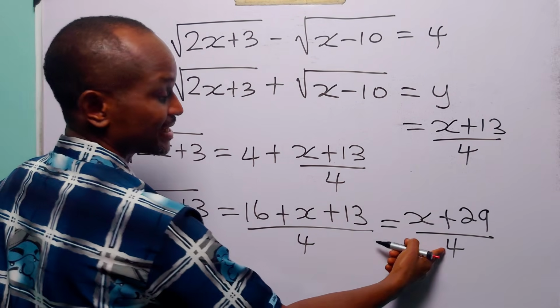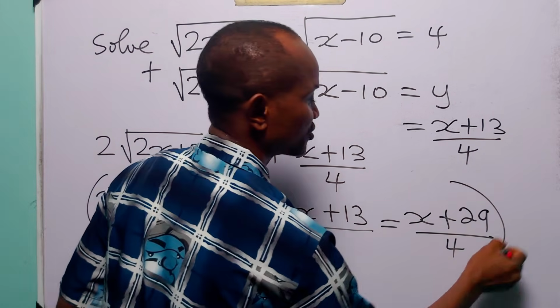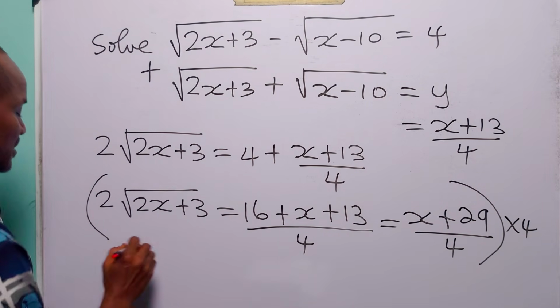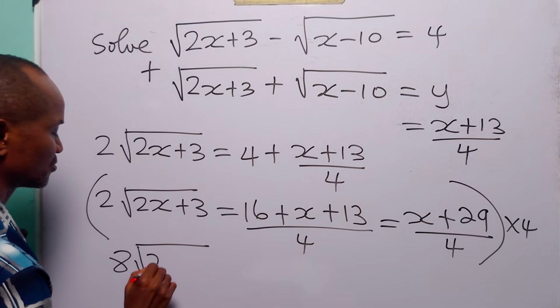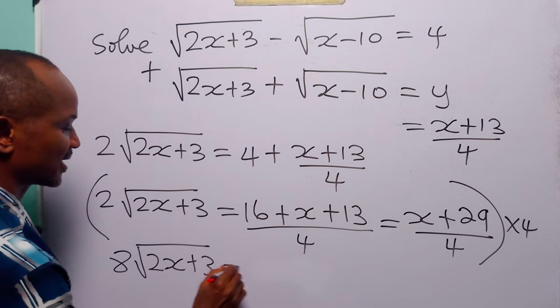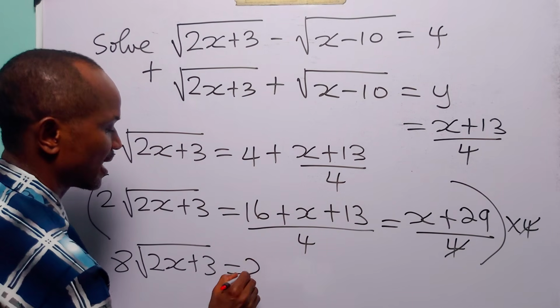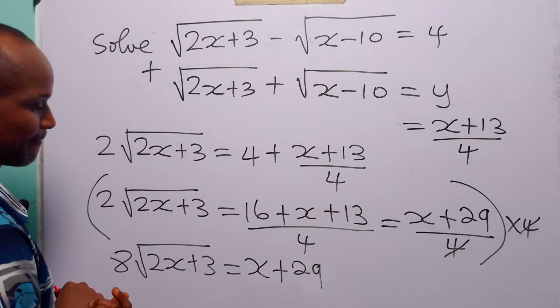Now, to get rid of this denominator, all we have to do is to multiply through this equation by 4. 4 times 2 is 8. We have 8 root 2x plus 3, and this is equal to 4 will cancel that, and we have x plus 29.